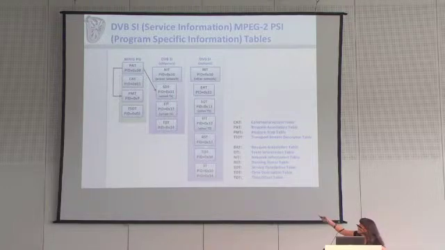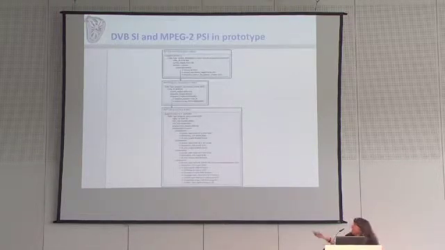Later on, we're going to use the time-related ones, which are TOT and TDT. And the event information table will also be very useful to know when the match starts.